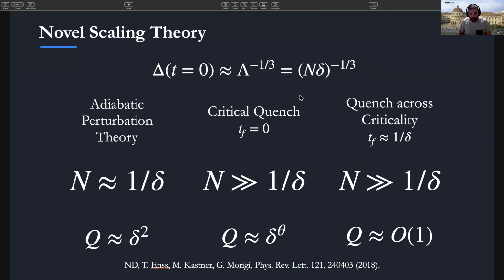We find three regimes. First of all, we find that the results of the system do not depend independently on the size and on the ramp velocity, but all of the physics of the system at low energy is encoded by a collective variable, N multiplied by delta: size of the system multiplied by ramp velocity.